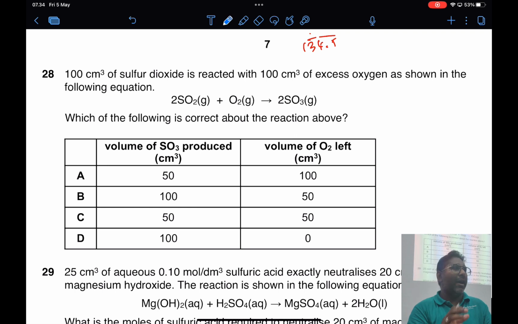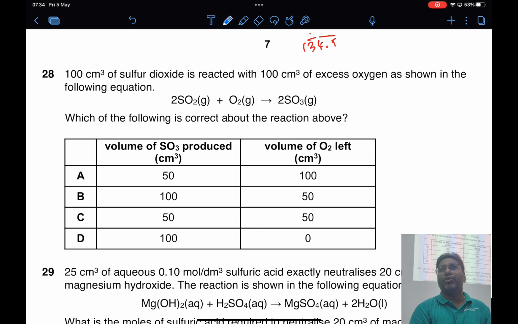If they are all in gaseous form, you do not need to change them into number of moles. You can use the ratio using gas volume itself, because 1 mole is 24 dm cube, it means the volume is directly proportional to the number of moles.